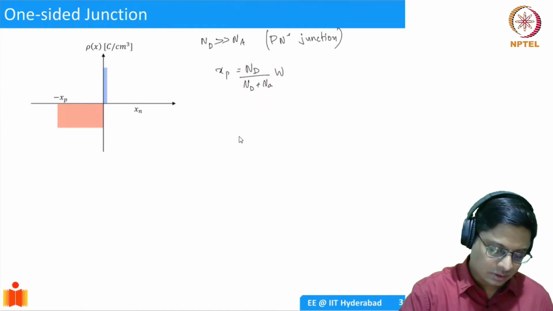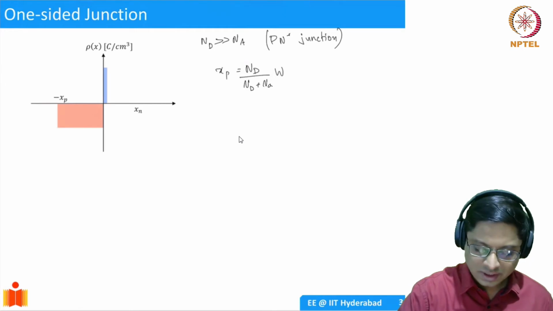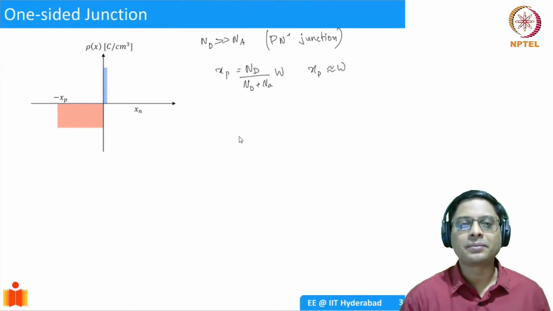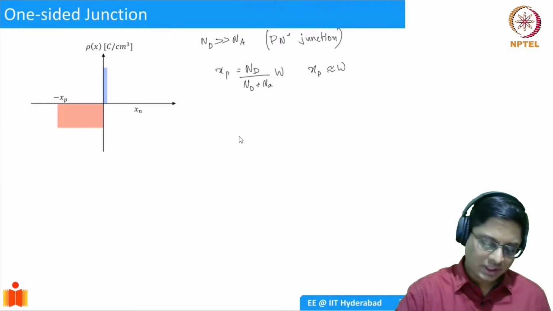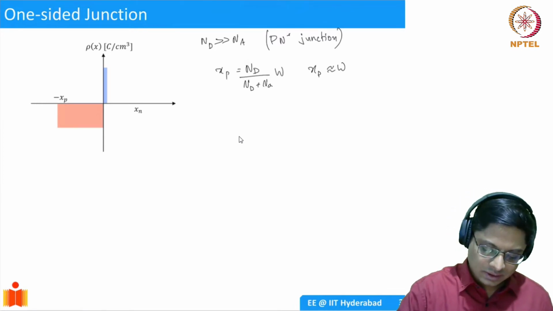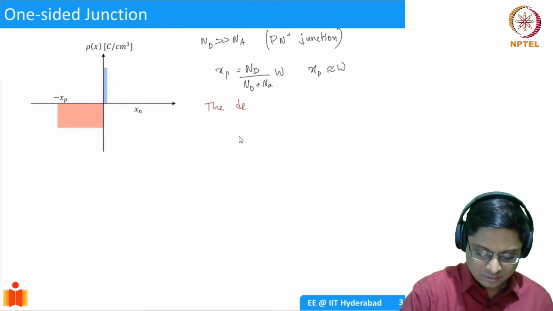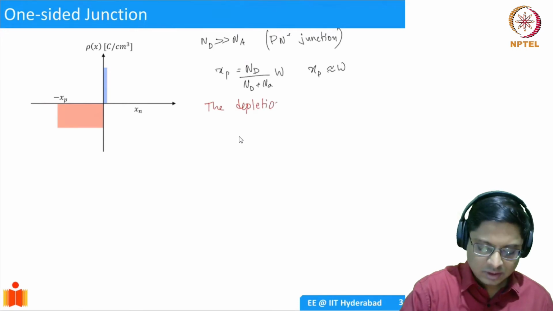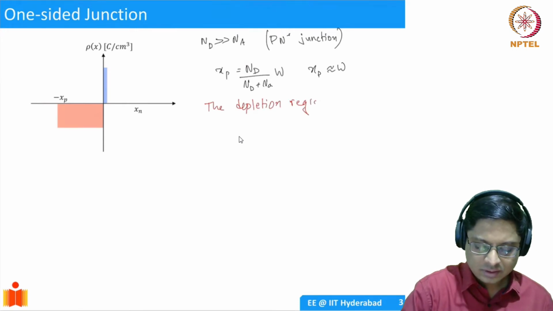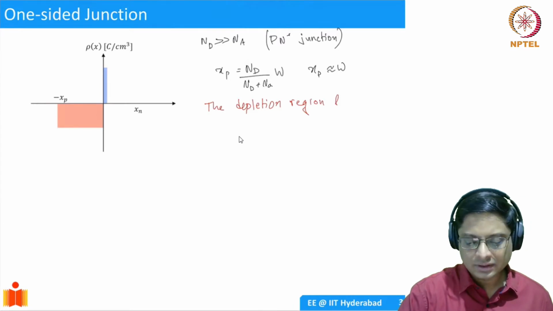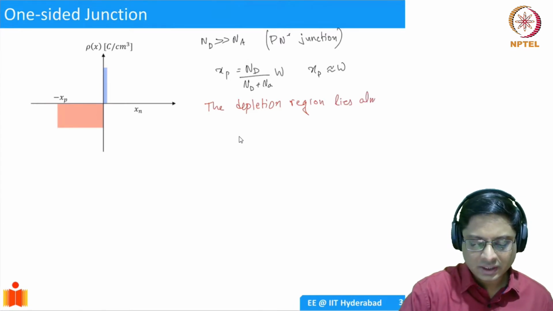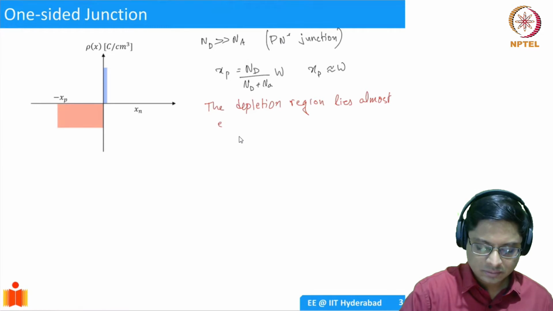And so if ND was large, XP becomes approximately equal to the width of the depletion region entirely. What this is telling you is that the depletion region lies almost entirely in the P-type semiconductor here.